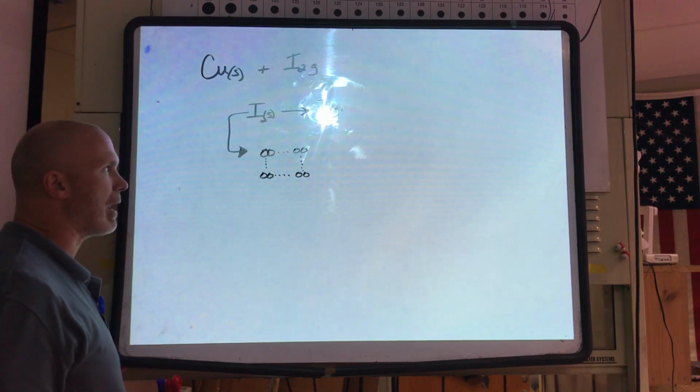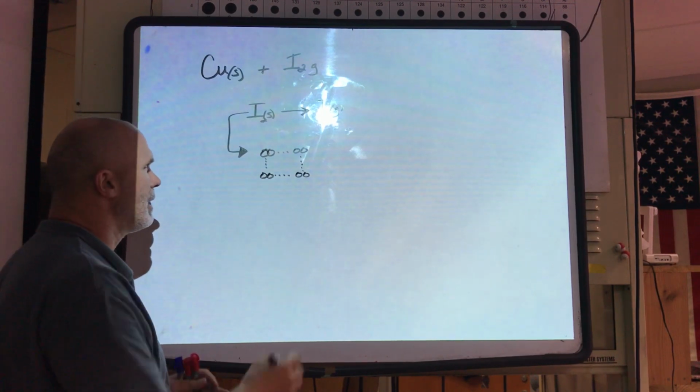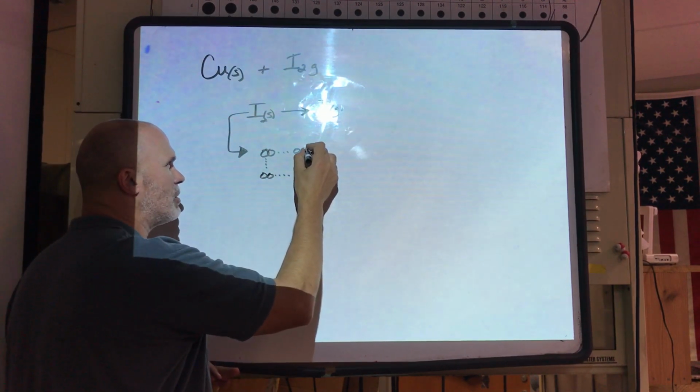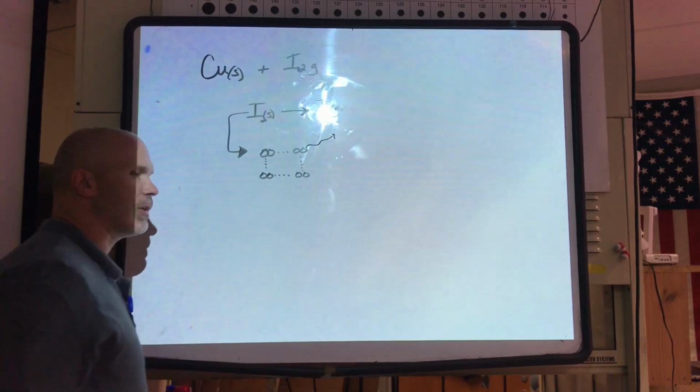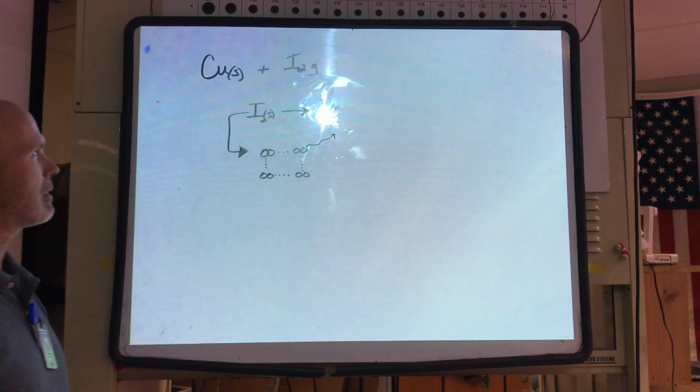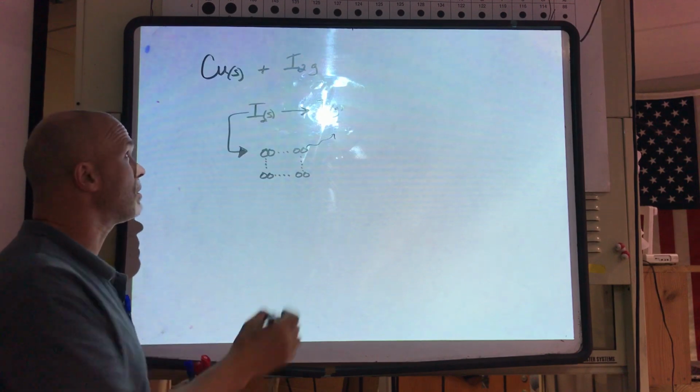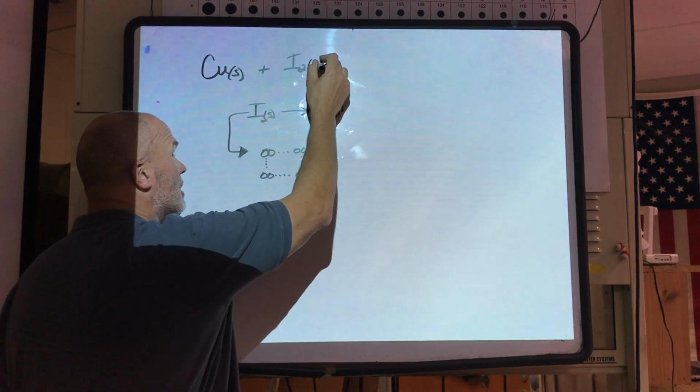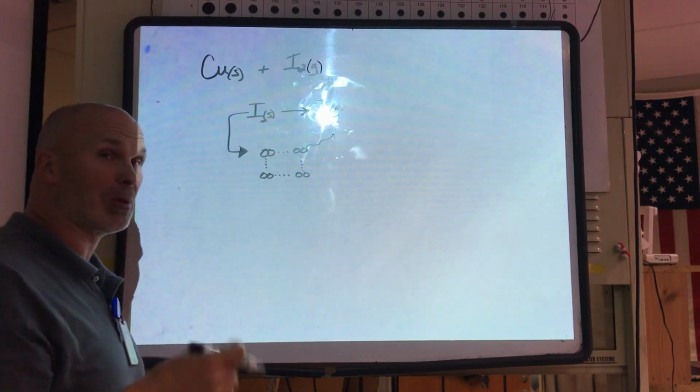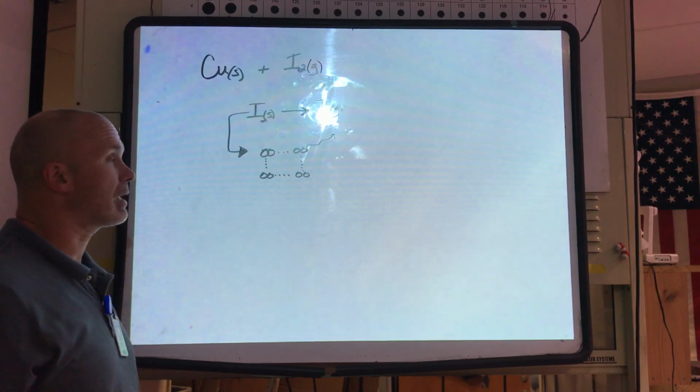These are weak attractive forces. They're so weak that with a little bit of energy they go right into the gas phase. So it's pretty interesting that we're dealing with iodine crystals that sublime, skip the liquid state, and go into the gaseous state.